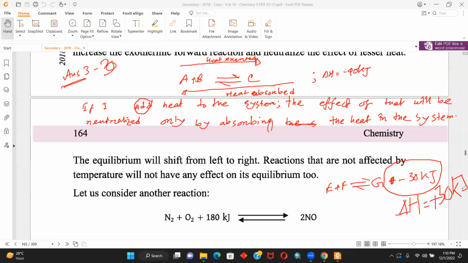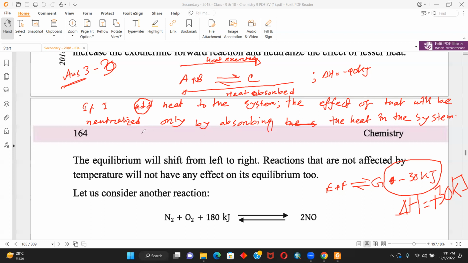Sorry, if I rephrase the question: what was I saying up until now? I add heat to the system, and you are answering. Based on that, there should be a neutralizing factor in the reaction. If in the left direction heat is being absorbed, that is neutralizing the effect of adding heat. Or if going to the right is absorbing the heat, then it will go to the right.